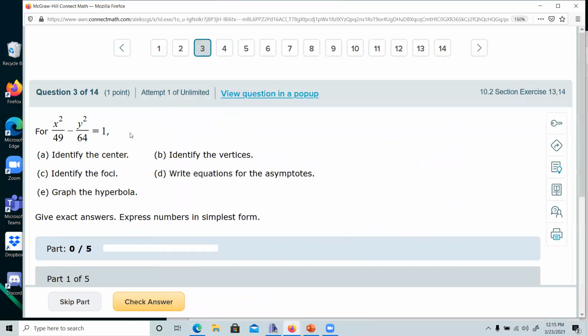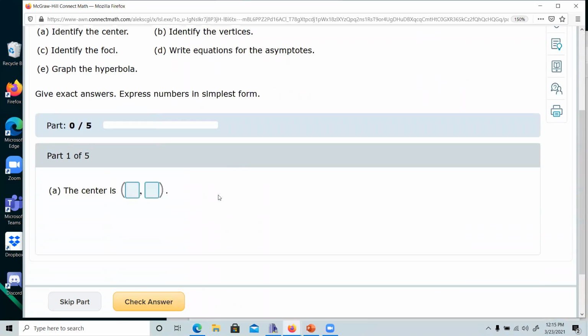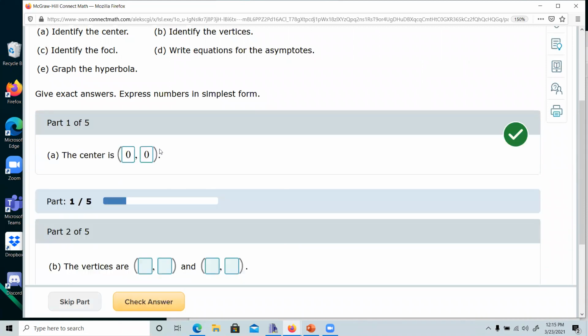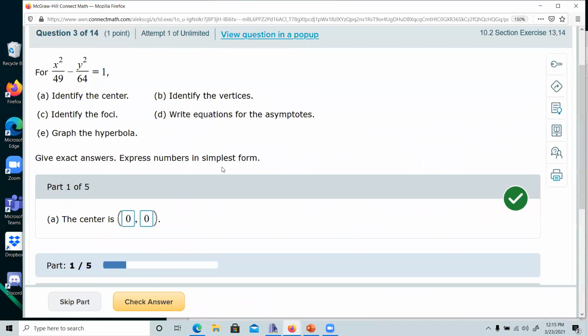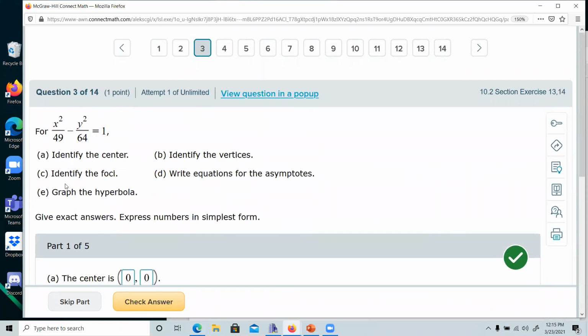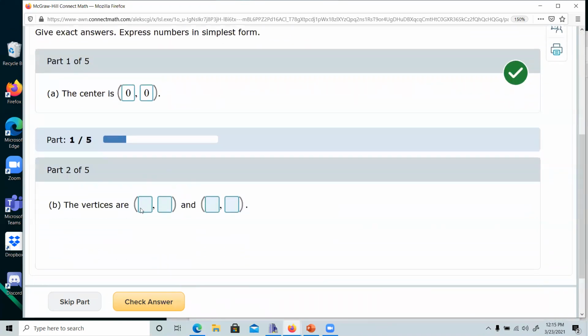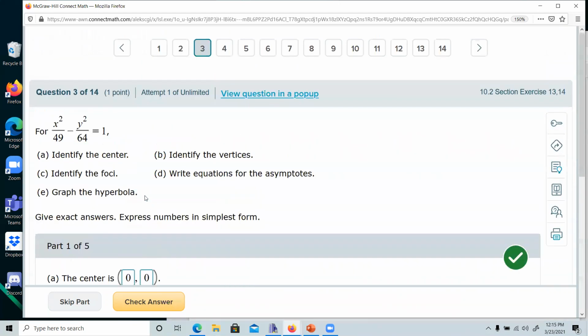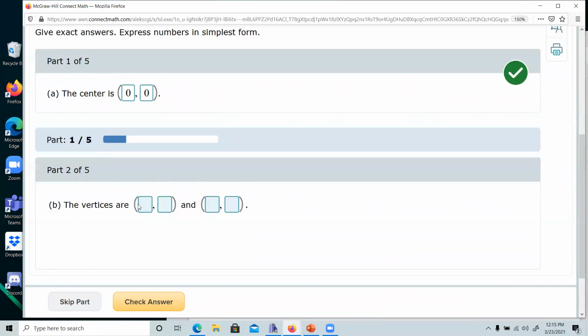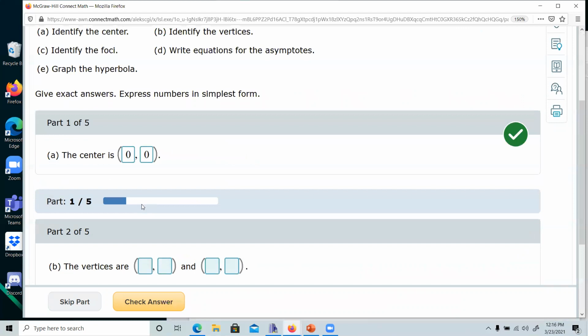Okay. So how about we go ahead and do this one? Okay, the center 0, 0. All right. Now I'm going to admit some of the words they use, like the transverse axis, they use the proper words for the different axes, and I don't use them often enough to really know what they're supposed to be.